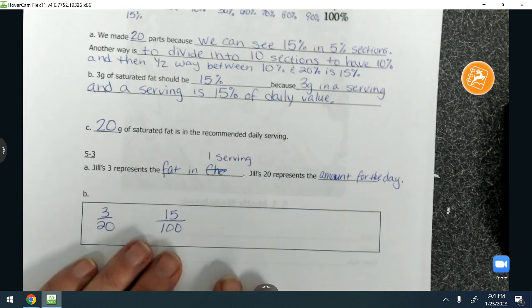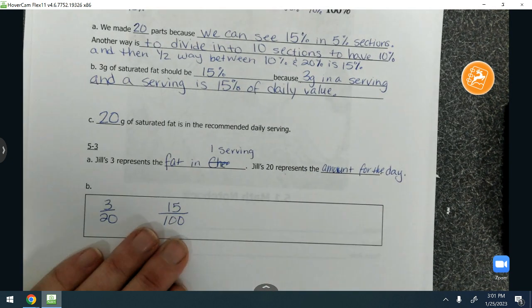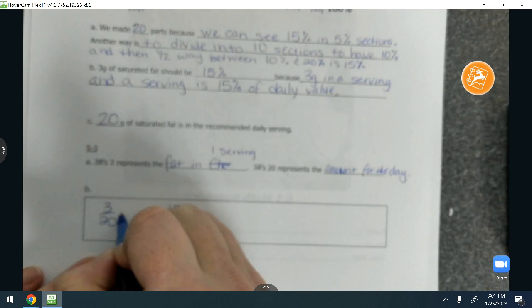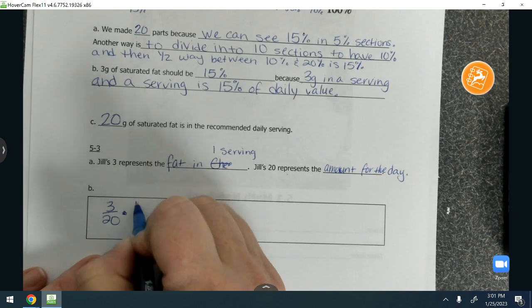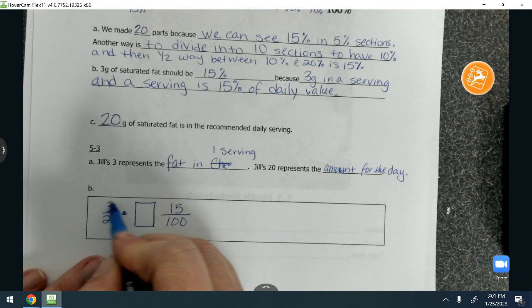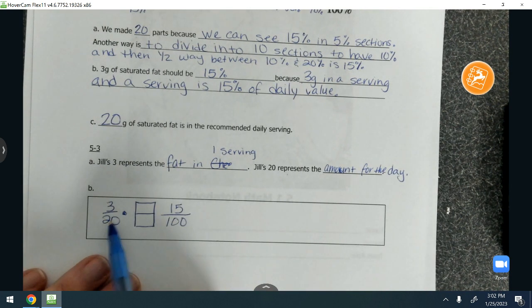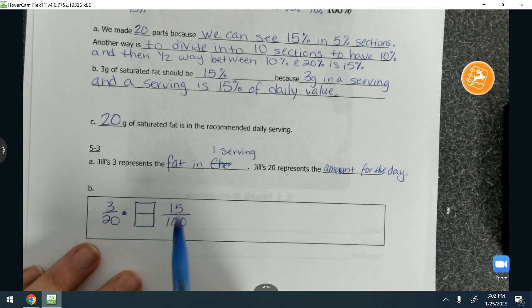So for me to be able to show that it is the same, when I'm looking at these, I see a giant 1. So if I multiply, I have 20 times something gives me 100, and 3 times something gives me 15.